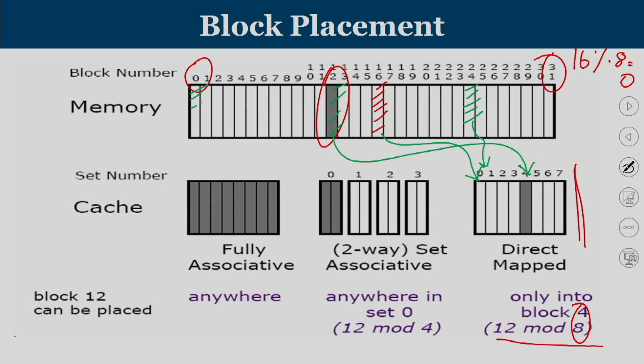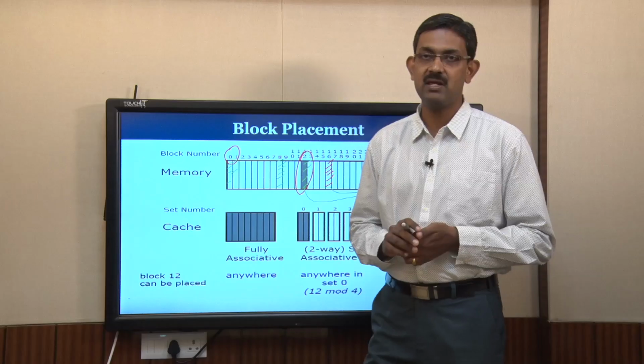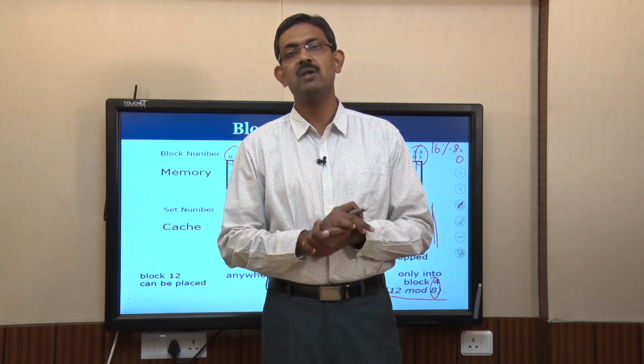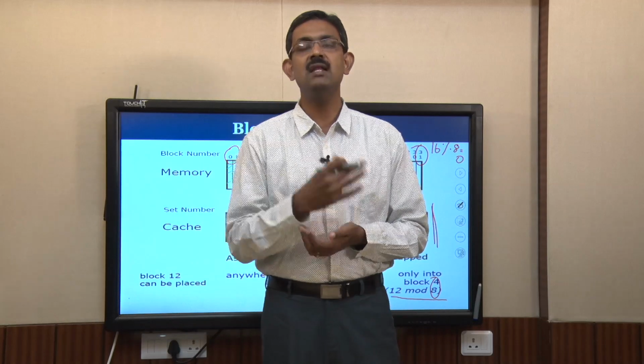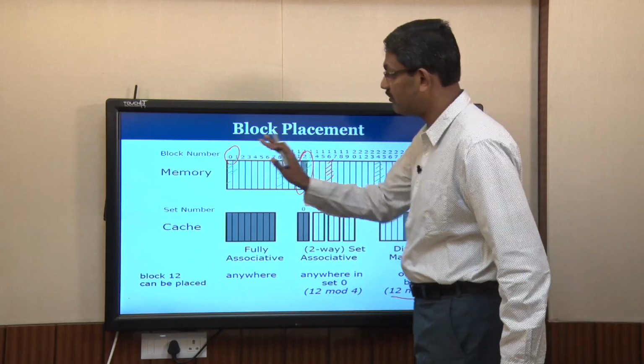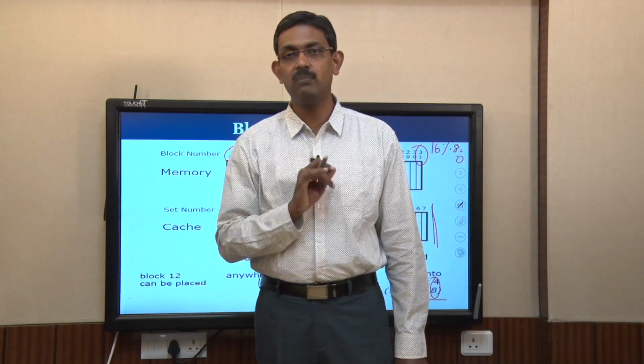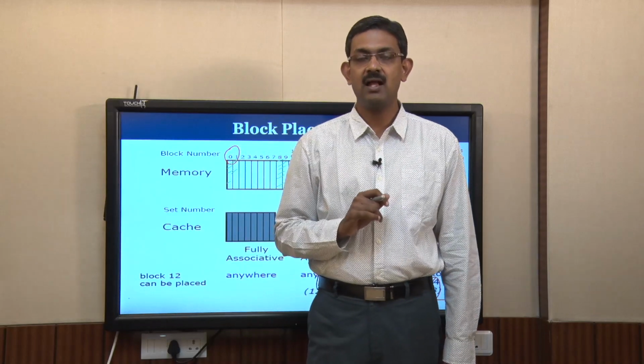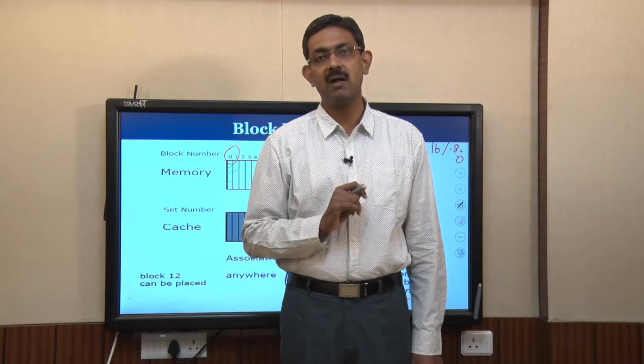Block 0 will also be mapped to 0. Block 8 will also be mapped to 0. So, we may have multiple blocks in main memory mapping into the same block. We will deal with this case later. For the time being, for every block in main memory, there exists a unique block in the cache, and that is known as a directly mapped cache.